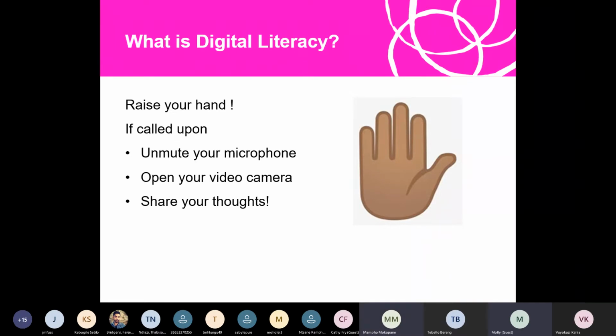Okay. I think when we talk of digital literacy, we talk of dealing with technology in terms of the use of smartphones and computers, in order to connect people to work together, even if they are not together at the same place.